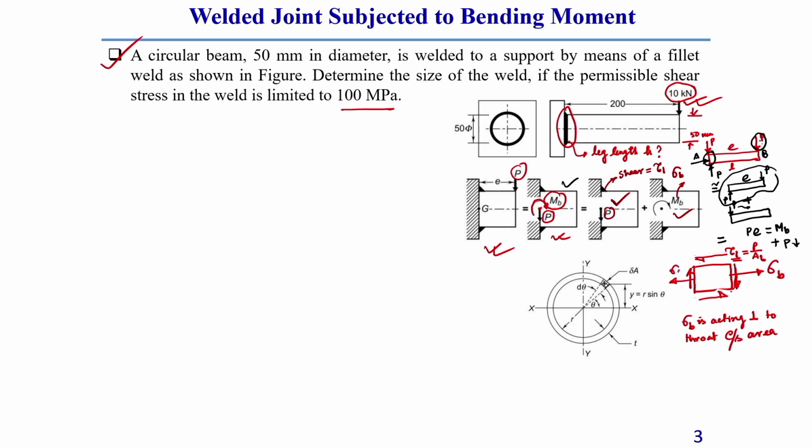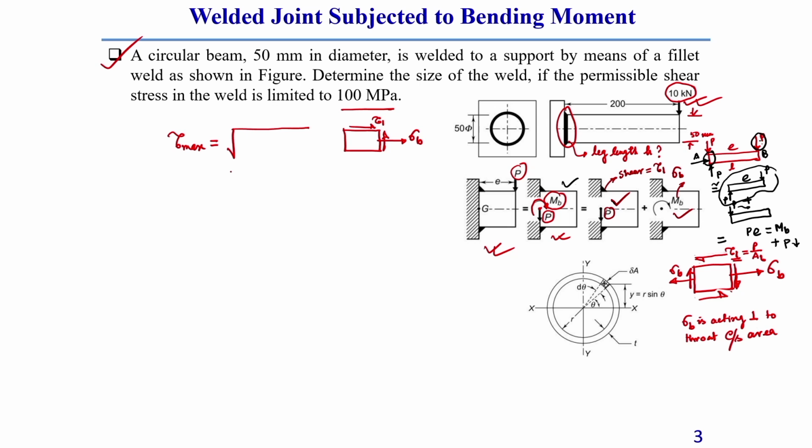Now, if a state of stress has a shear component tau 1 and a normal component sigma b, then we know the resultant or maximum shear stress due to this state of stress. Already I have shown, it is generally tau 1 and a bending stress sigma b, then the maximum shear stress we can get from the concept of strength of materials.